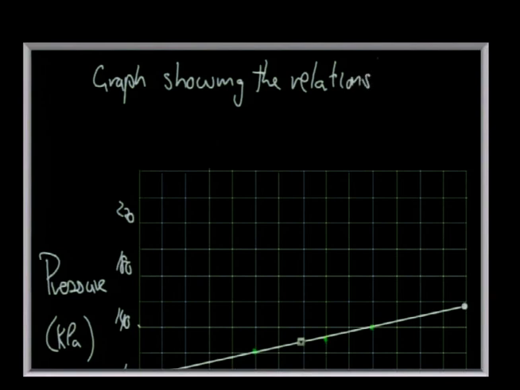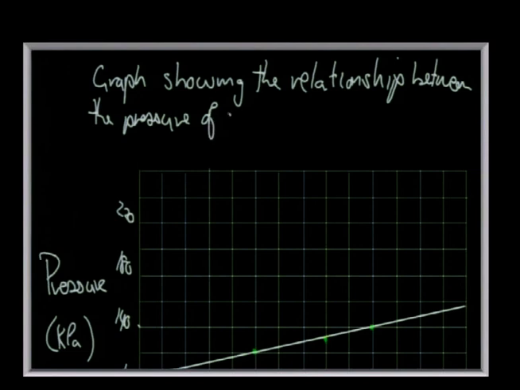You just simply write it out from the question, what they've asked you to show, the relationship between the pressure of a fixed mass of gas and temperature.